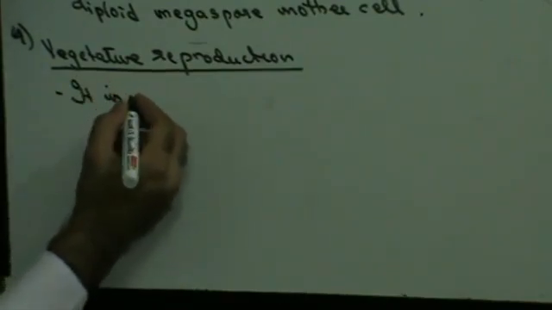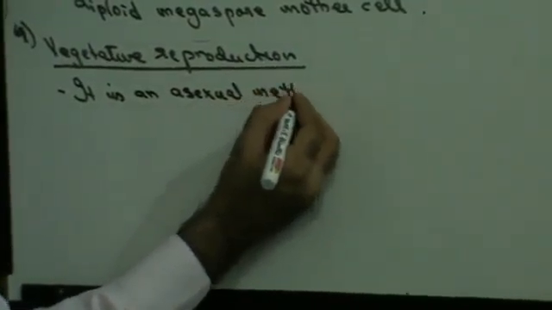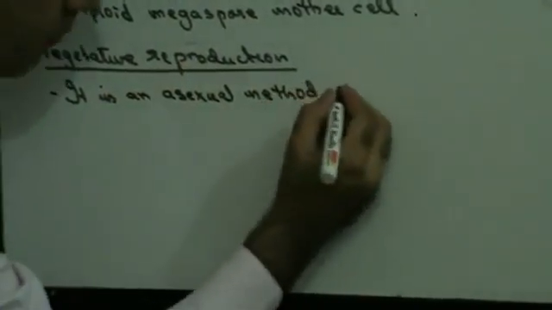Now, vegetative reproduction is an asexual method of reproduction in which the new plant is developed from the vegetative parts of the plant. Now, what are the vegetative parts of the plant? You have stem, leaf and roots. So if I have a new plant that is developed from the stem or leaf or roots, then that would be called vegetative reproduction.